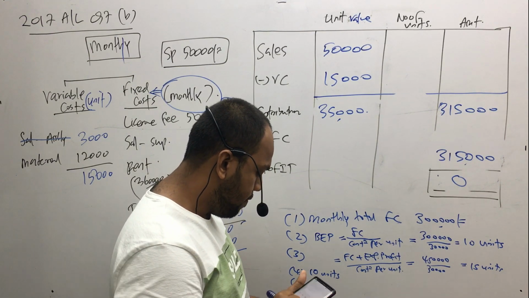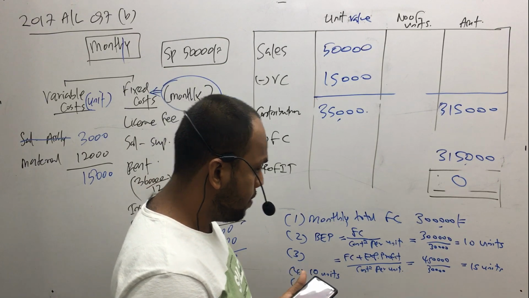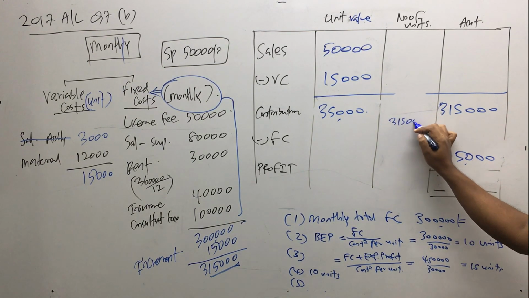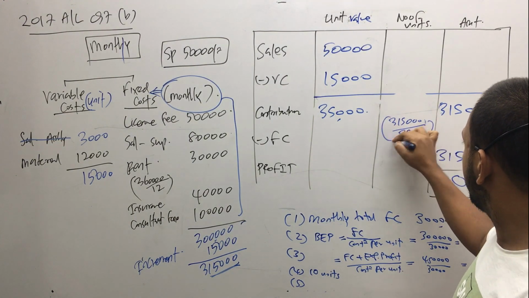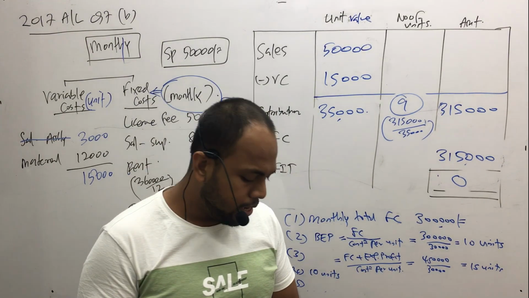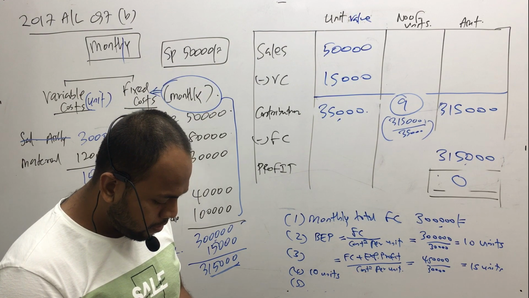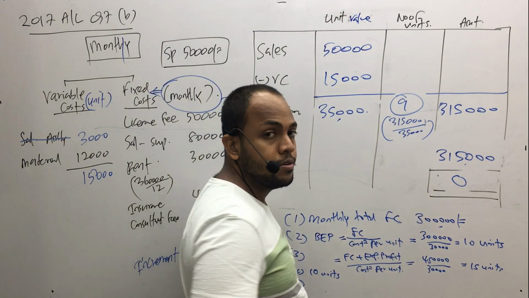So 315,000 divided by 35 is 9 units. Right, so we need a minimum of 9 units monthly to cover this cost.